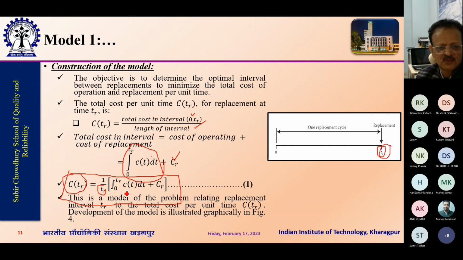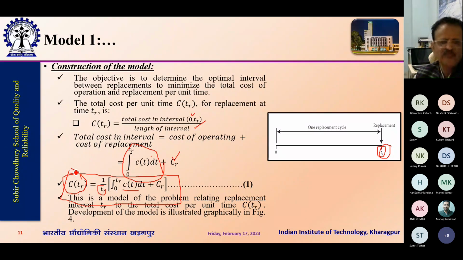If it is not an integrable function, then one has to use numerical techniques to find the solution, or one can also take discrete values of TR, that is, search 1 month, after 1 month what is the value of this, after 2 months what is the cost of this, and so on.